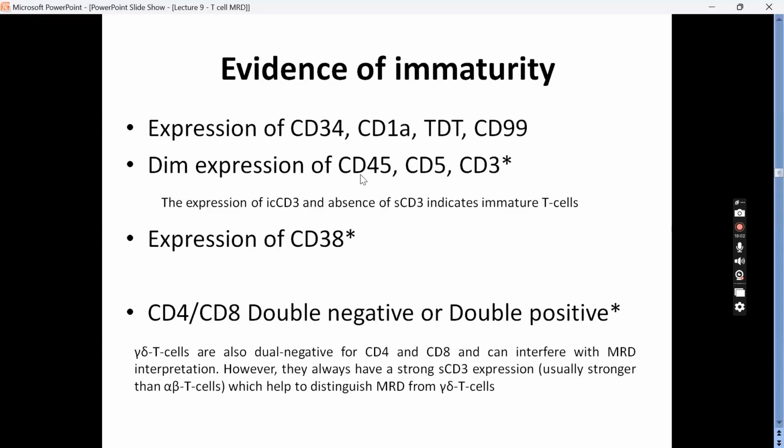Now, if you see the post-induction positivity rate in T-ALL, it is around 43.75%. So if you take 100 cases of T-ALL, almost 50% will be positive at the post-induction point after 28 days of chemotherapy.